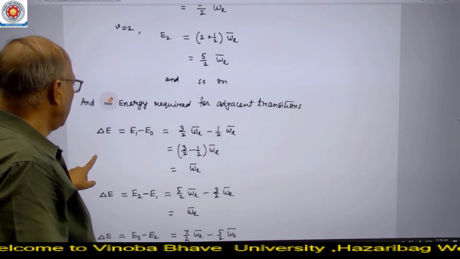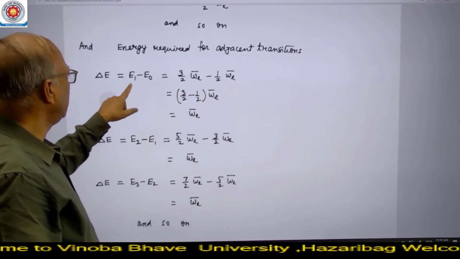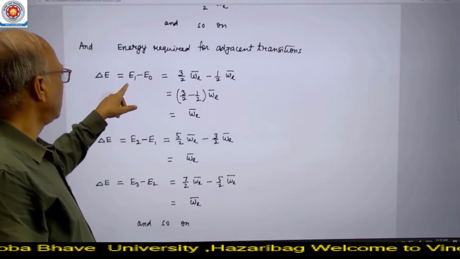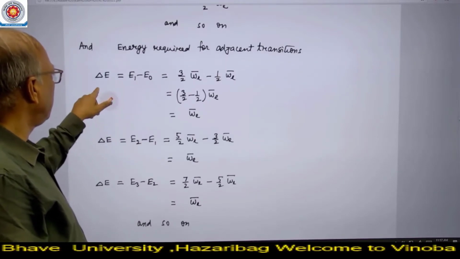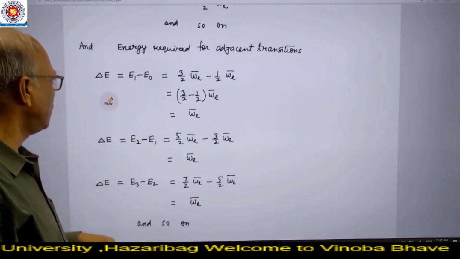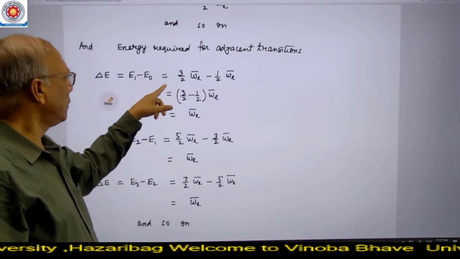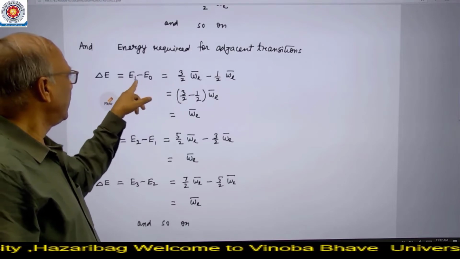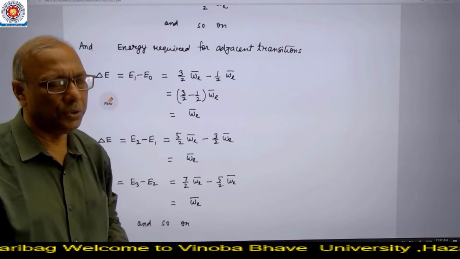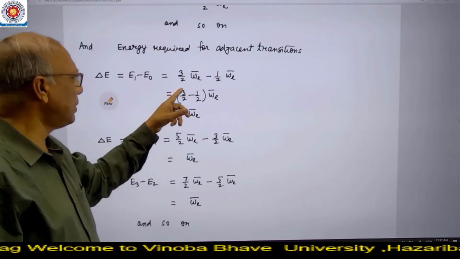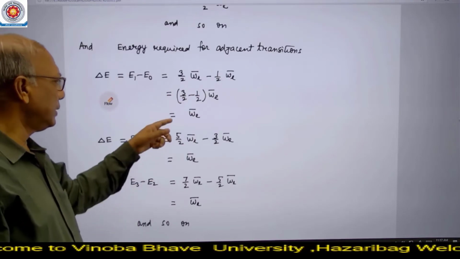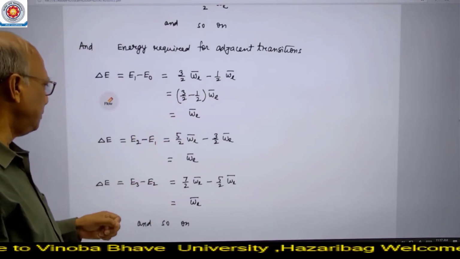If we take a transition from the first energy level to the second energy level, then this can be represented by the equation delta E is equal to E1 minus E0, that is 3 by 2 omega e bar minus 1 by 2 omega e bar, and that will be equal to omega e bar.